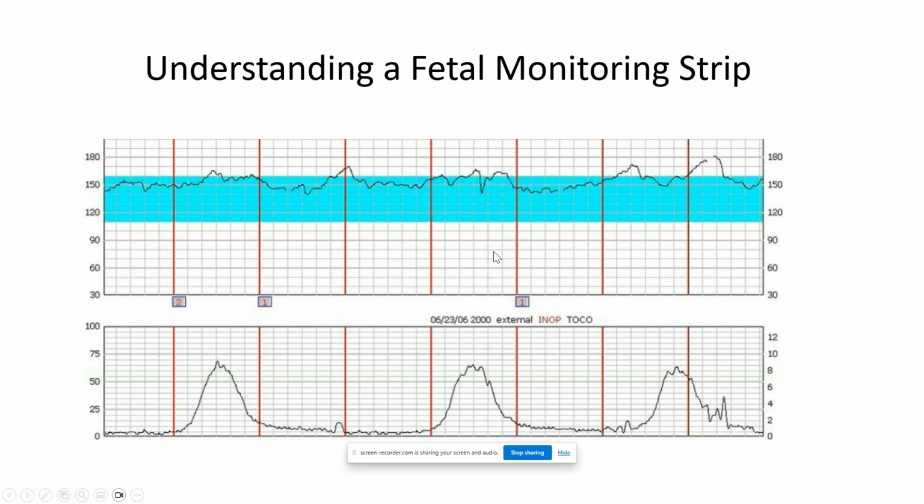The first thing that you need to know is that each box here represents 10 seconds. So 1, 2, 3, 4, 5, 6. Between the red lines is 1 minute long. So again, each box represents 10 seconds.